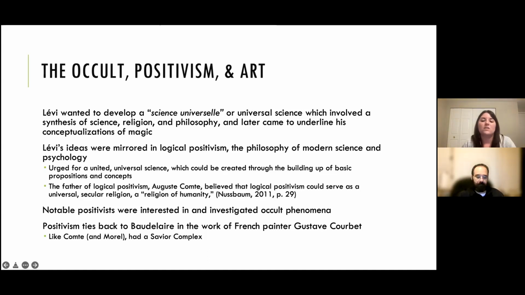But logical positivism thought this could be done through the building up of basic propositions and concepts. And logical positivism was also interested in ridding science of all of the metaphysical and really just focusing solely on the observables, what can be measured and observed.